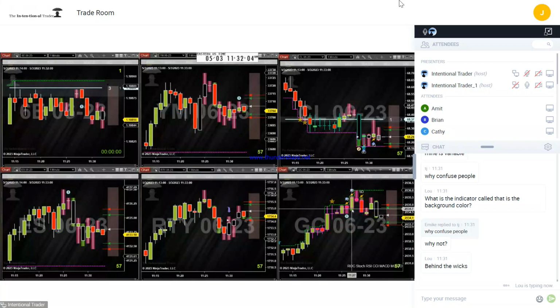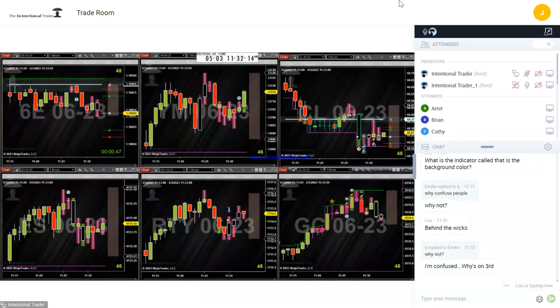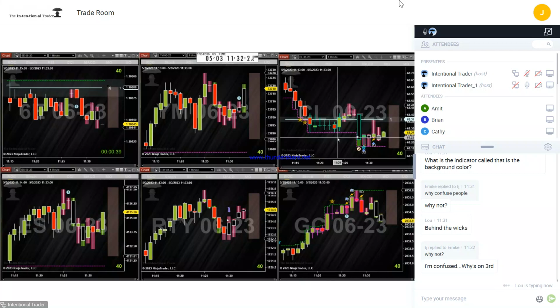Basically, all it does is tell you if it's a real wicky bar or not. Wicky bars tend to show a lot of indecision. So we don't want a real wicky bar for this particular trade setup.